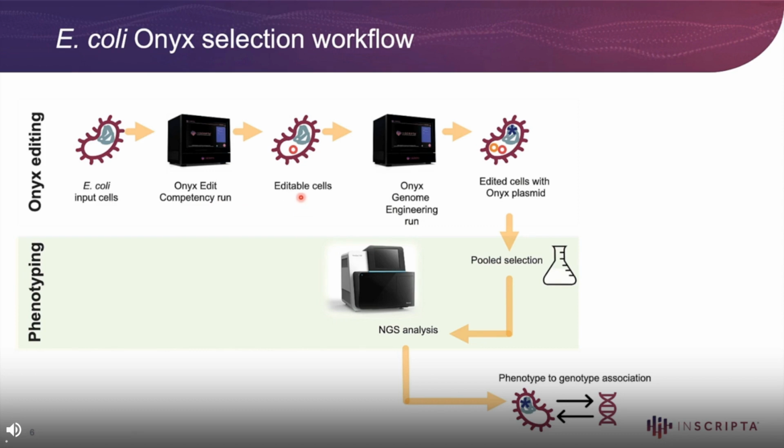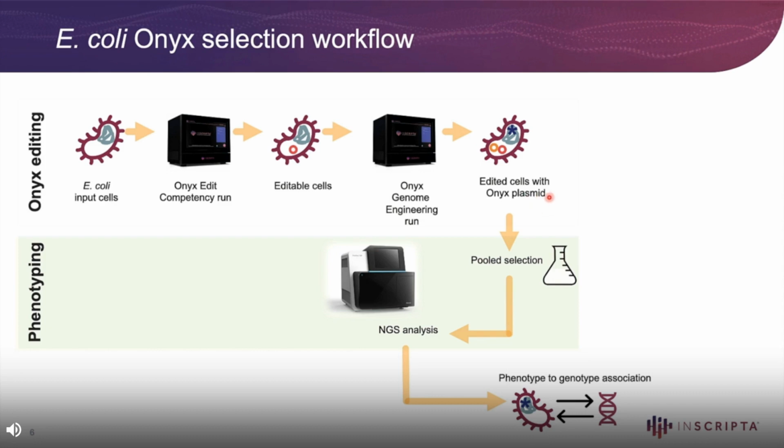Once you have your cells that went through the edit competency run, they are then able to go through the Onyx genome engineering run, where you would input the design DNA that is specific for your library. After this run, you will end up with your pool of cells, which will be edited.